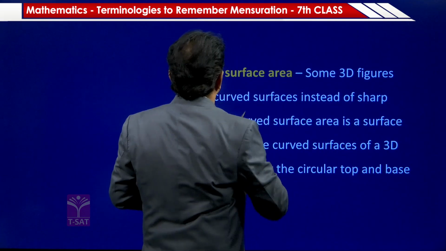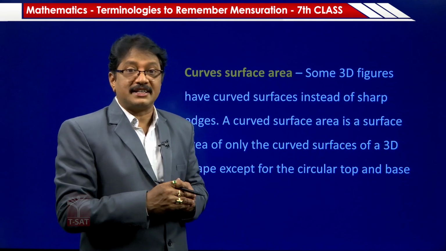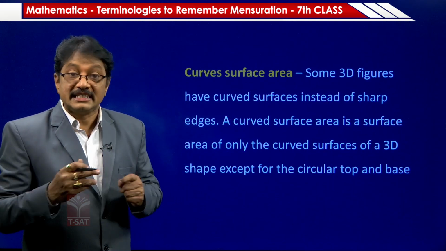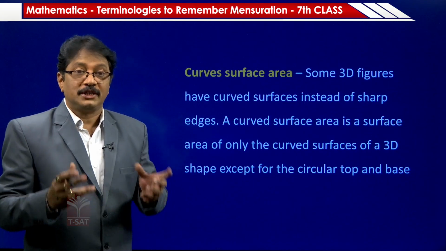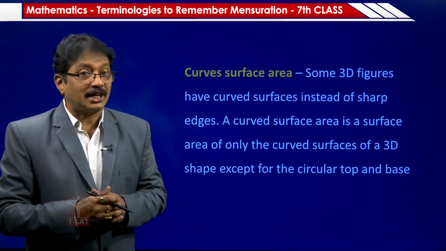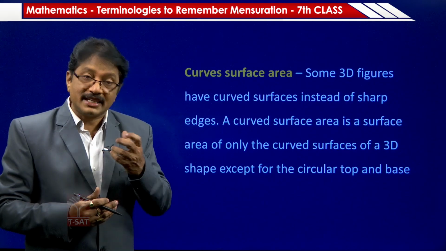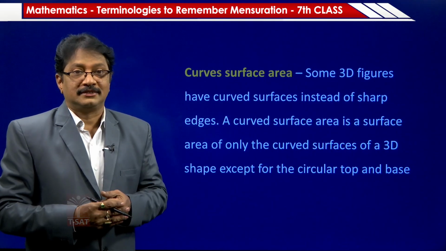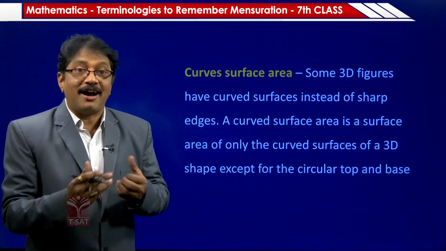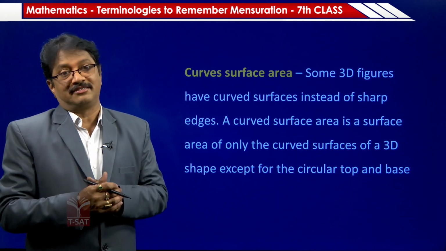Now moving to the next. See this. Curved surface area. Some 3D figures have curved surfaces instead of sharp edges. When you take a cuboid or cube, it has sharp edges, correct? But when you take a cone or a cylinder or a sphere or a hemisphere or a prism, when you see all these things, we call them curved.